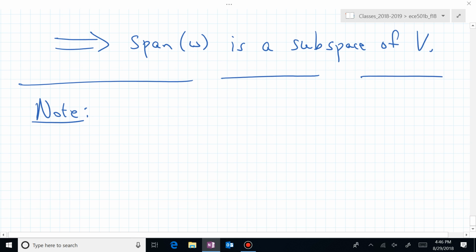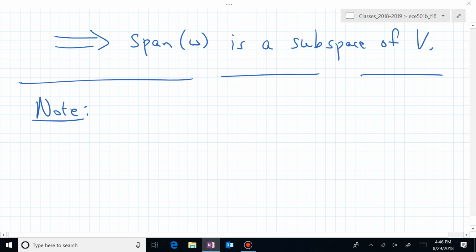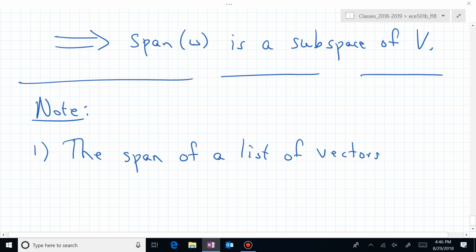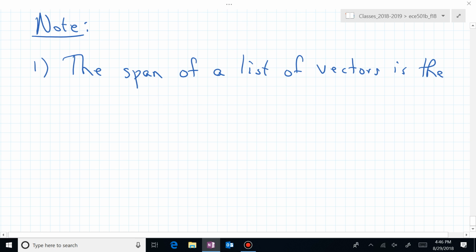What are some takeaways that we can now sort of collect? One is that the span of a list of vectors is the smallest subspace that contains these vectors.